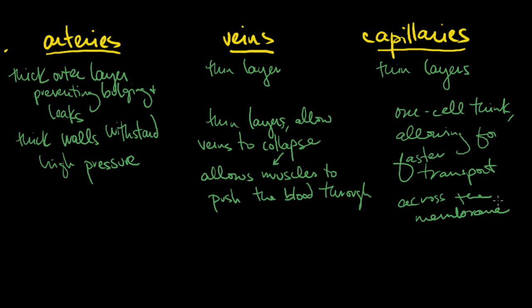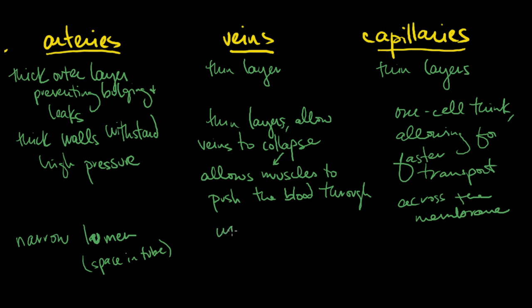And then arteries have a narrow lumen, which is just the space in the tube, the diameter of the space. So arteries have narrow lumens to maintain high pressure.